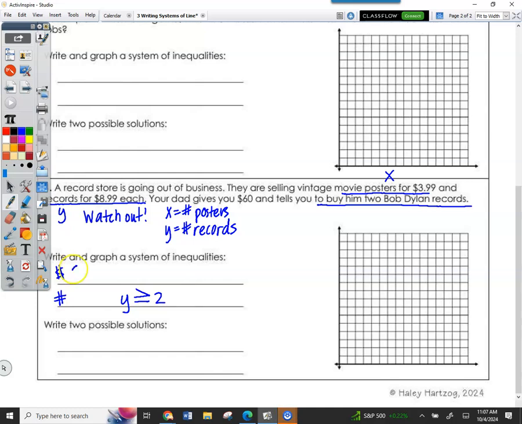How much is it? $3.99 X, $8.99 Y. What's your budget? Which means you could spend less than or equal to 60. All right.